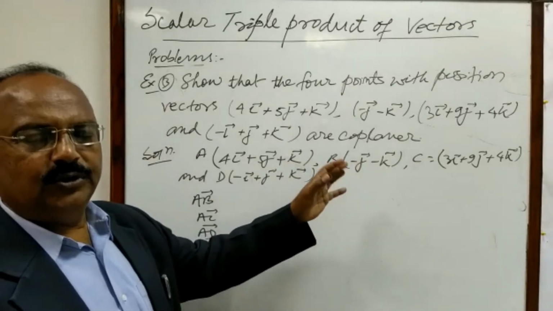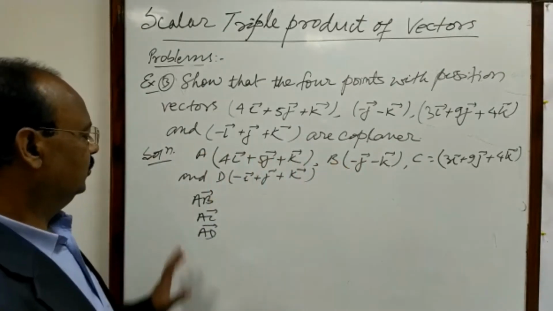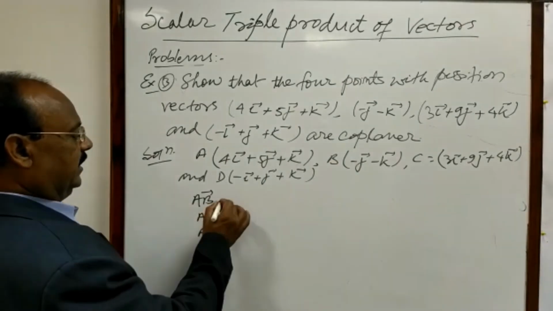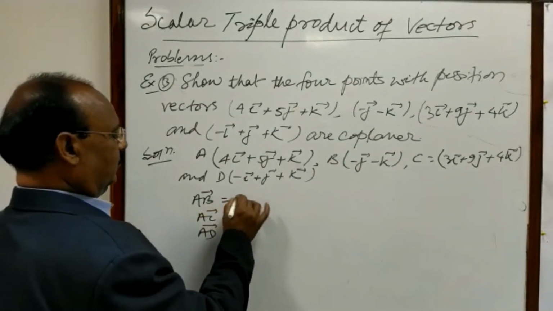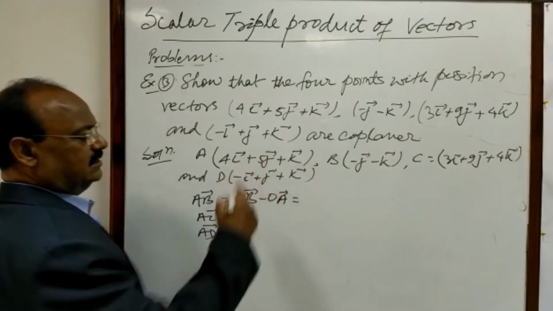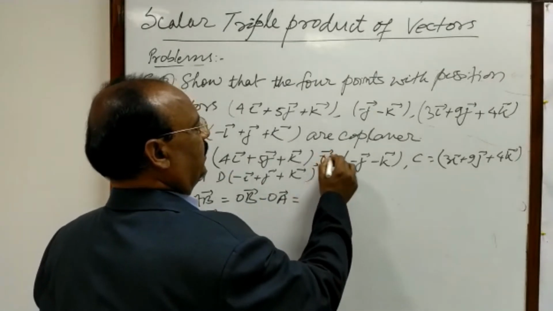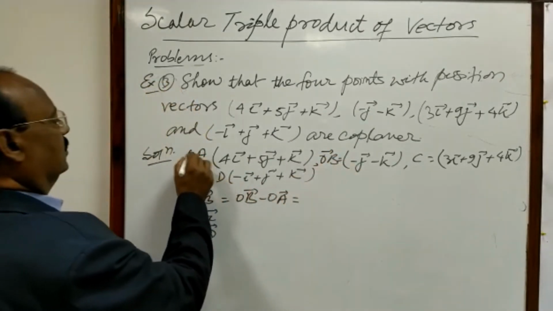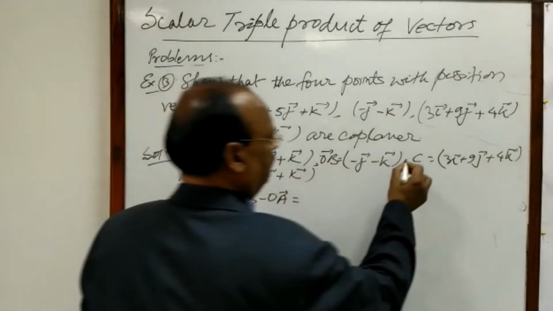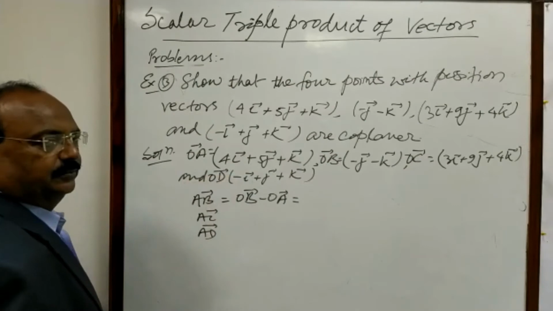We can find out vector AB by getting OB minus OA. As these are position vectors, this is OB, this is OA, this is OC and this is OD.